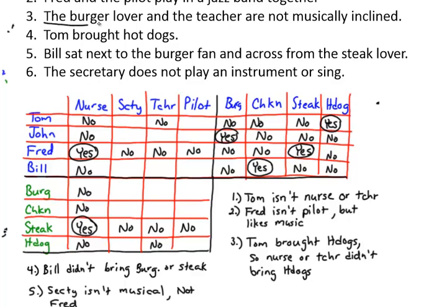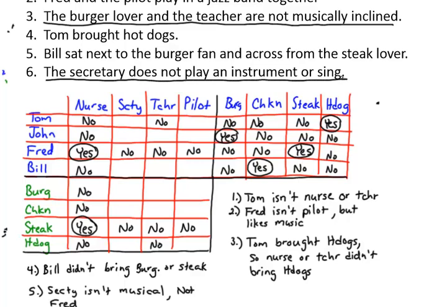Okay, here we go. The burger lover and the teacher are not musically inclined. The secretary does not play an instrument or sing. So that means that John brought the burgers. He's not musically inclined, and neither is the secretary, so that means John is the secretary. There we go.